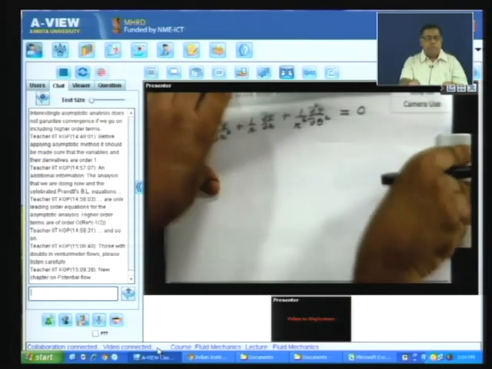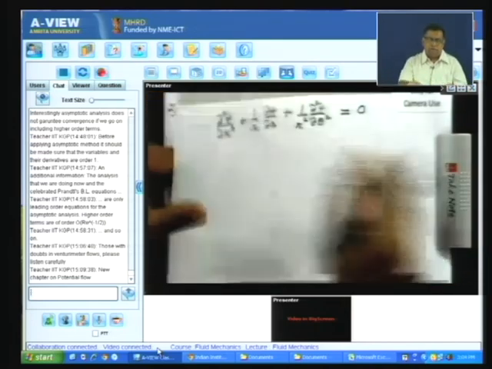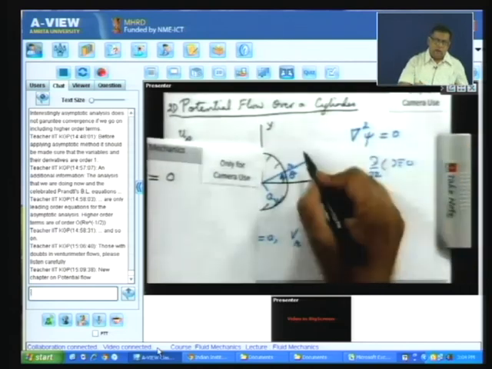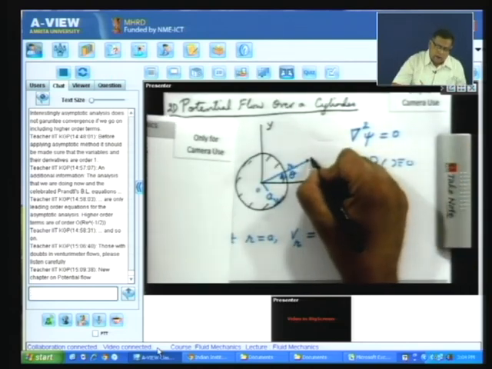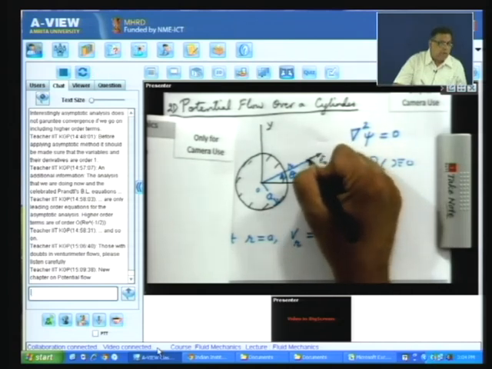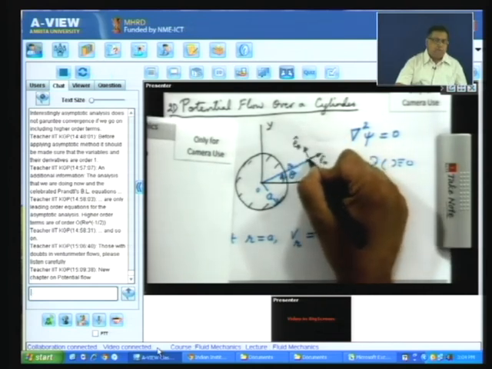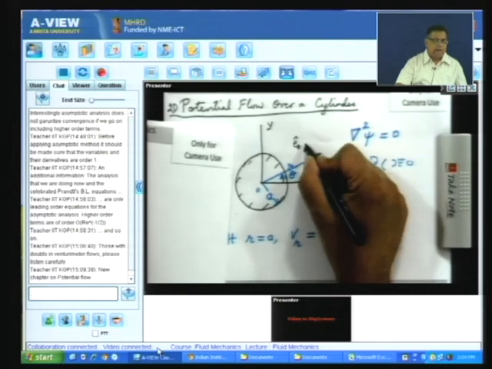Now, let me show the v r and v theta components. If you have a fluid, e r is a unit vector pointing radially outwards, and you have another unit vector we will call e theta, which is perpendicular to this, and it is pointing in the direction of increasing theta.